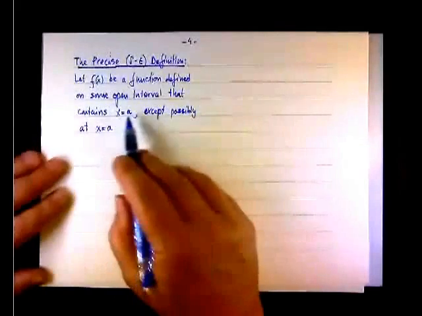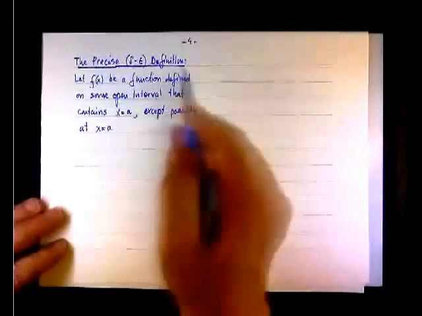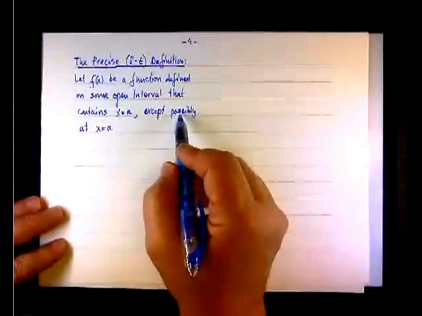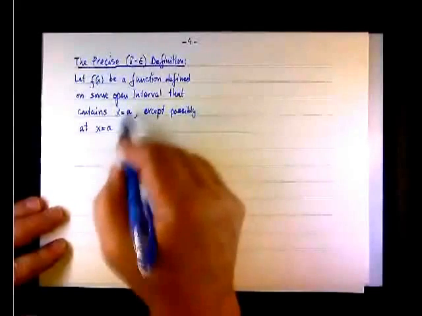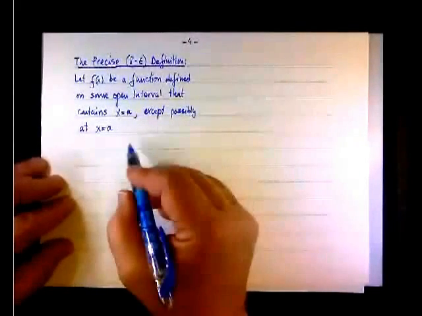So x equal a may or may not be in it, but x equal a is within some open interval. Except possibly, so we kind of allow for x equal a to be a hole, okay?